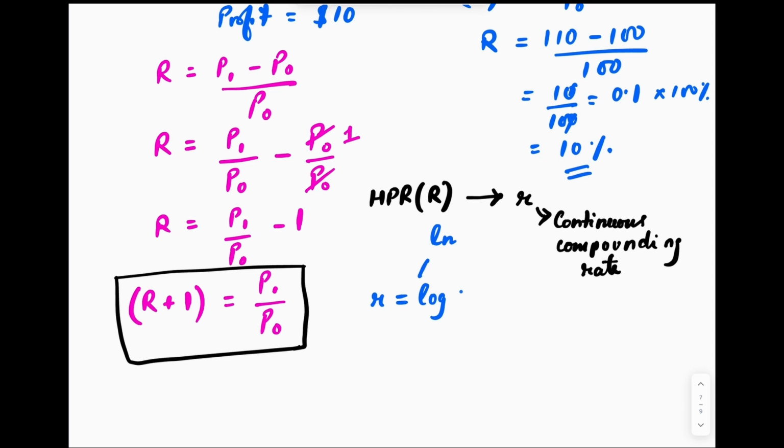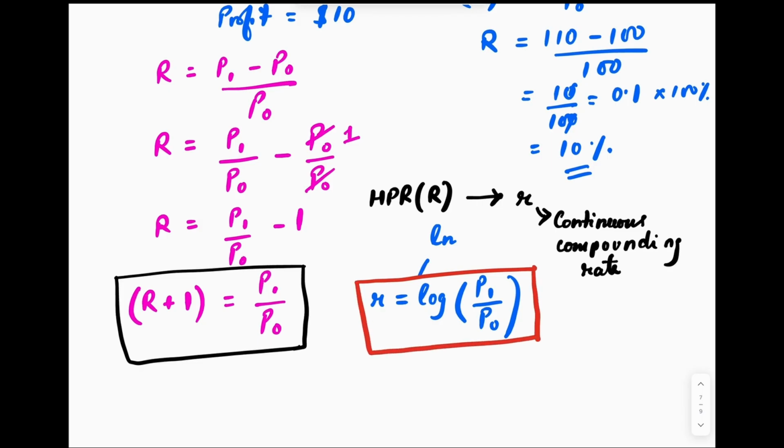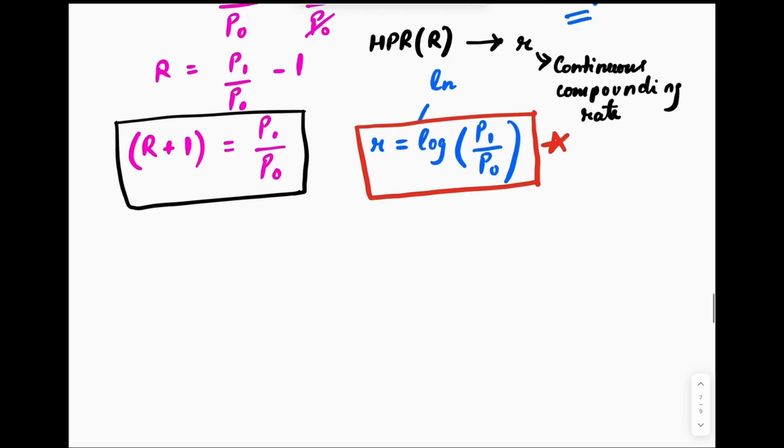And the formula for continuous compounding is r is equal to ln of P1 by P0. This is the formula for continuous compounding, and we are not going to use this formula as much, but from this we are going to derive, right?